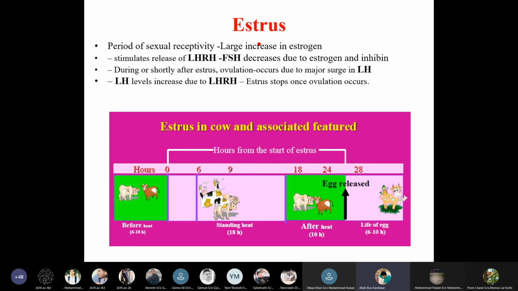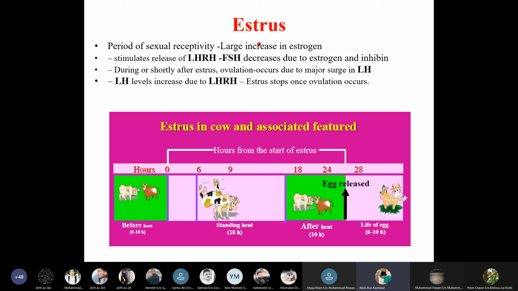In the estrus condition, the period of sexual receptivity, a large increase in estrogen stimulates the luteinizing releasing hormone, and follicle stimulating hormone decreases because estrogen inhibits its level under the feedback mechanism, and inhibin also stops the follicle stimulating hormone from being released.